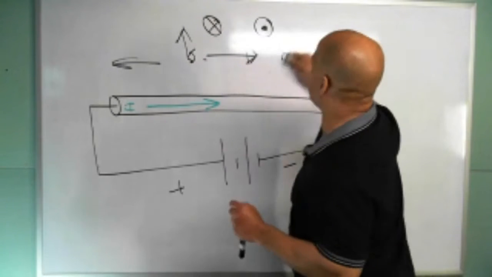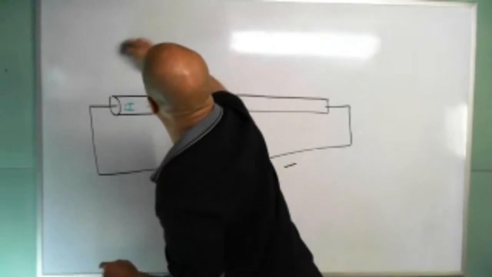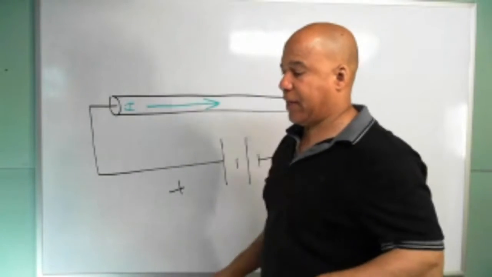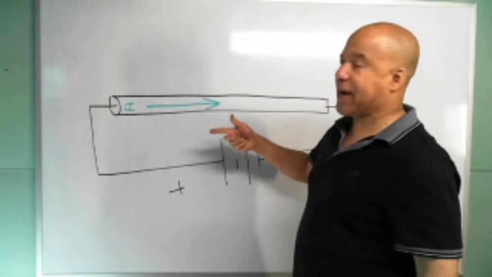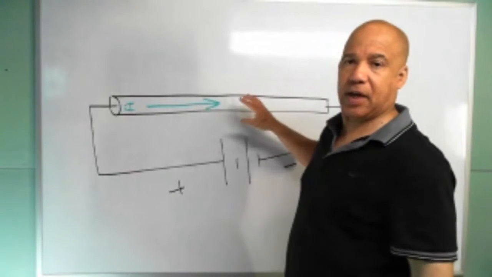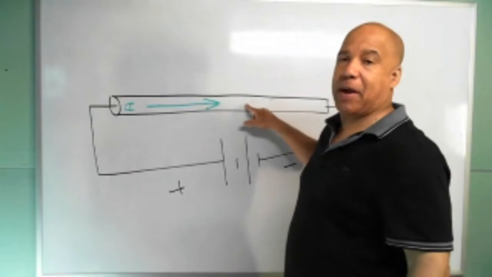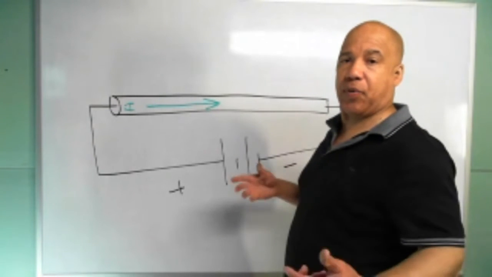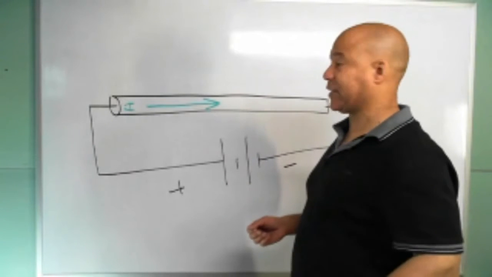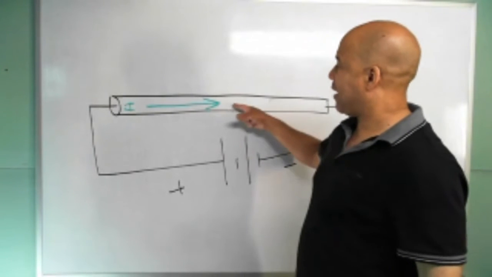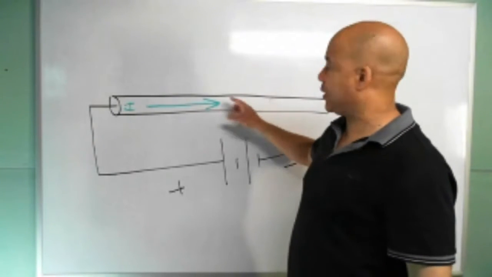One of the things you've got to be able to do for this conductor is tell me the direction of the magnetic field around the conductor. Remember, anytime I have current flowing, that current is going to create a magnetic field. We talked about that in the last class. So if I have a current flowing through a conductor, it's going to create a magnetic field.